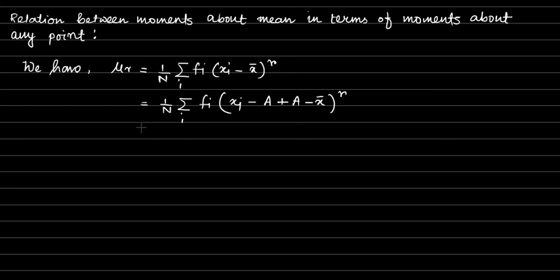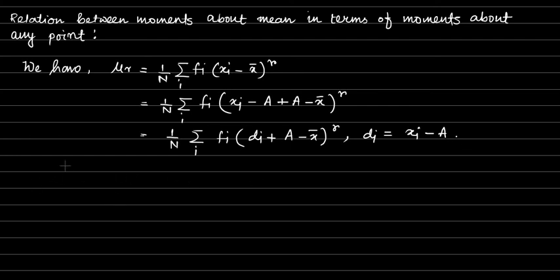So we can write this as 1 by n summation over i f_i into (d_i plus a minus x bar) whole to the power r. And what is d_i? As we have mentioned before, d_i is x_i minus a.